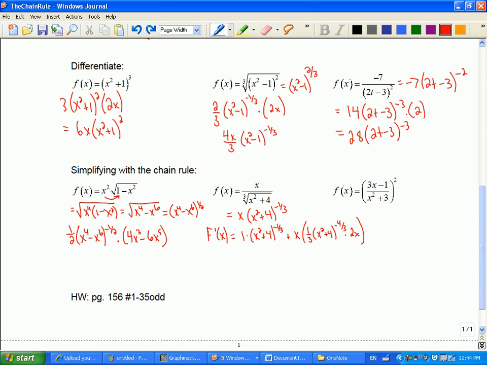So it is quite messy, but that should be what you have for your product rule.